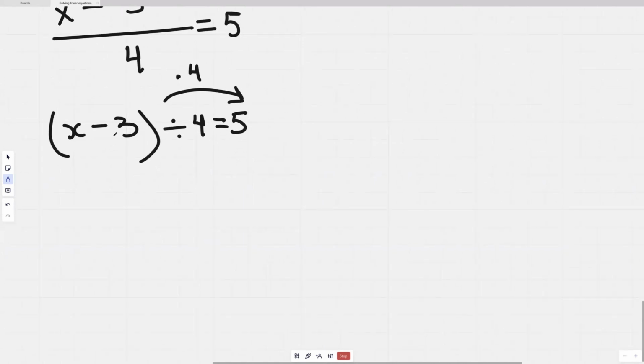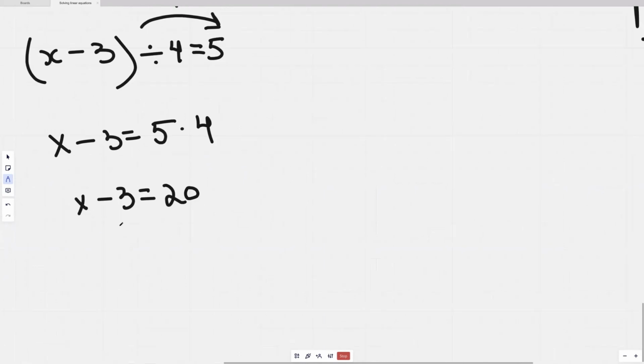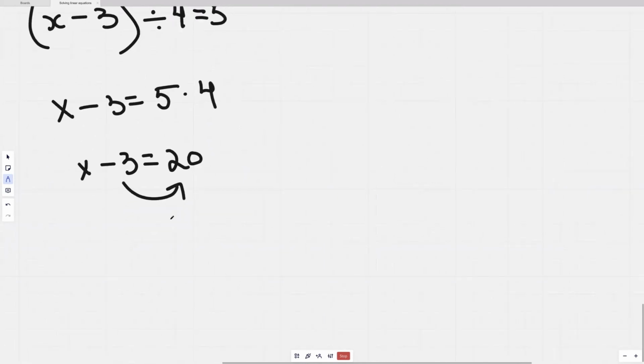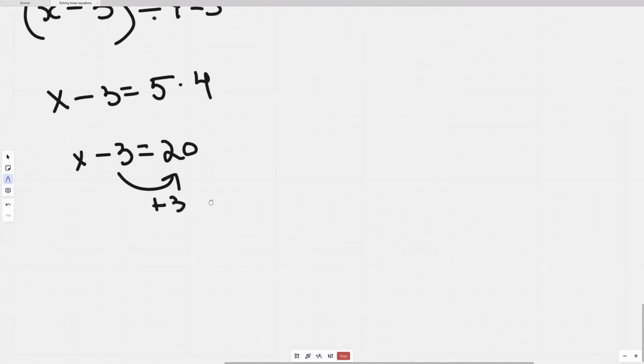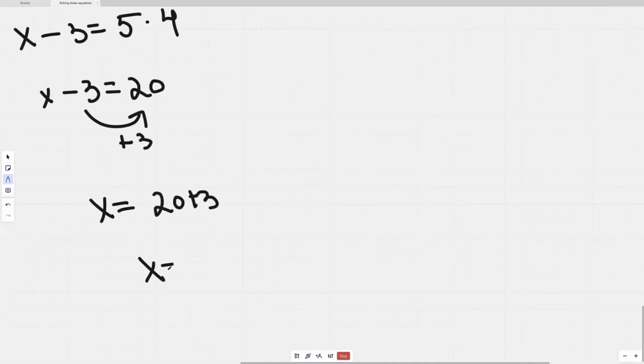So x minus 3 will be equal to 5 multiplied by 4. So x minus 3 is equal to 20. Then the negative 3 will be moved to the other side, changing its sign to positive 3, and x is equal to 20 plus 3, which is 23.